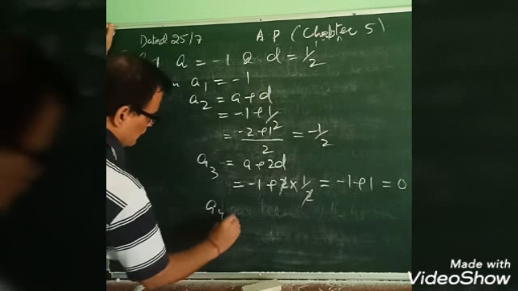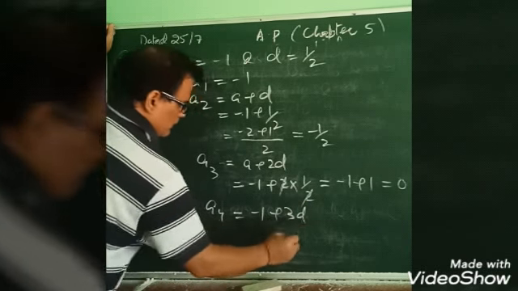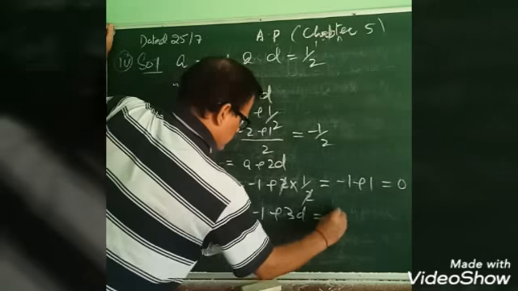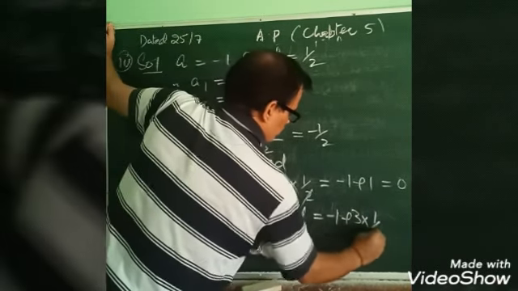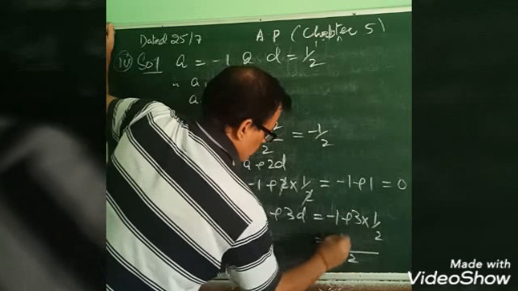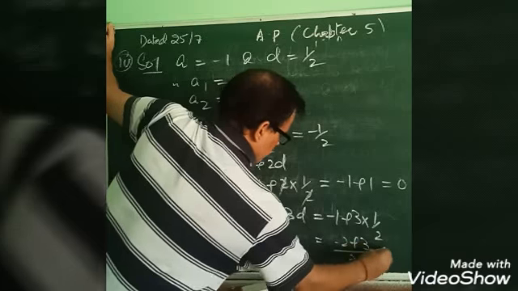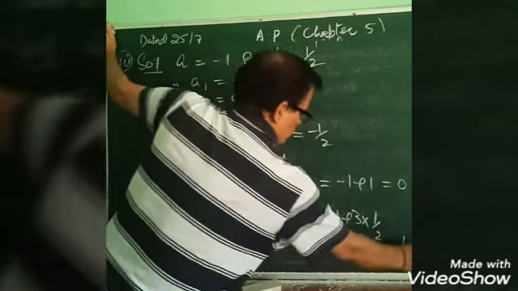And A4 is equal to -1 plus 3D, that equals -1 plus 3 into 1 by 2. The LCM will be 2. 2 ones are -2 plus 3, 3 minus 2 is 1 by 2.